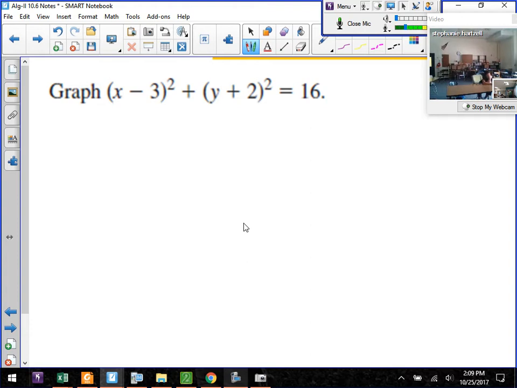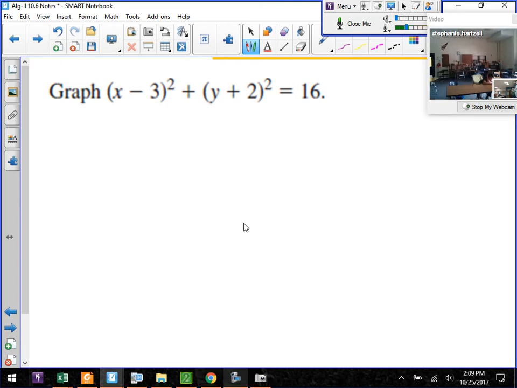It's going to be a circle, and the reason is that if you were to divide everything out by 16, your a squared and b squared values are the same. When that occurs, that means you have a circle.